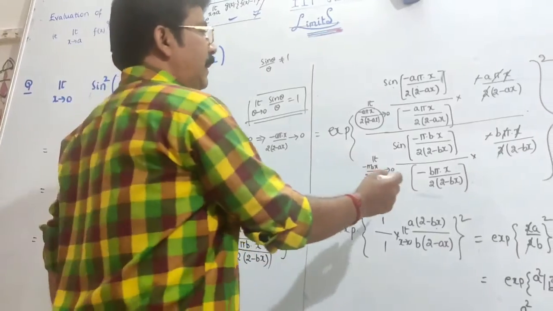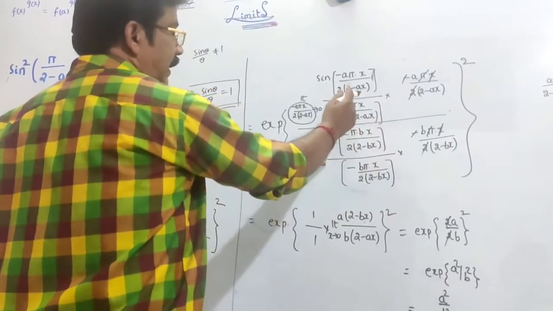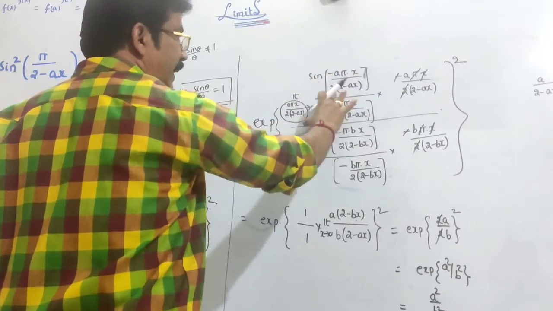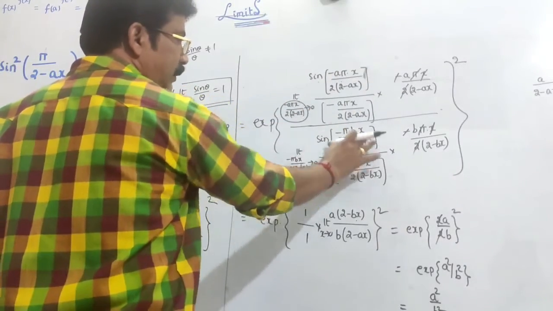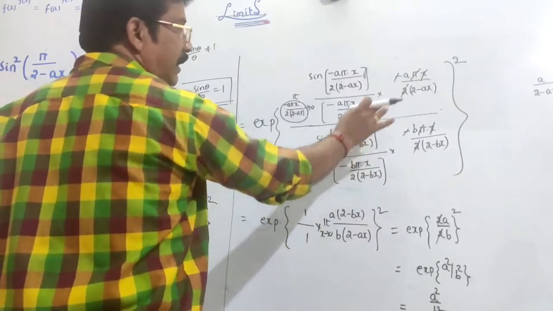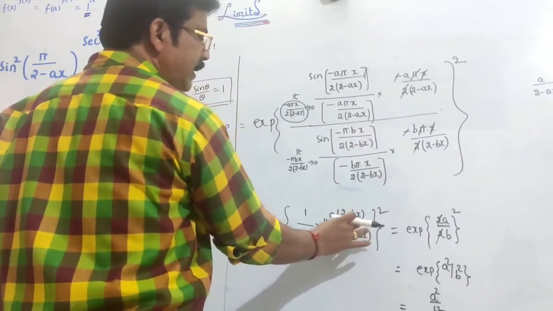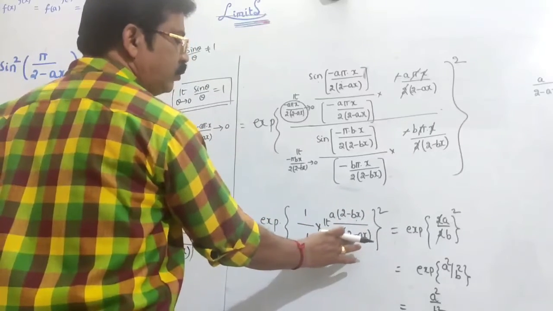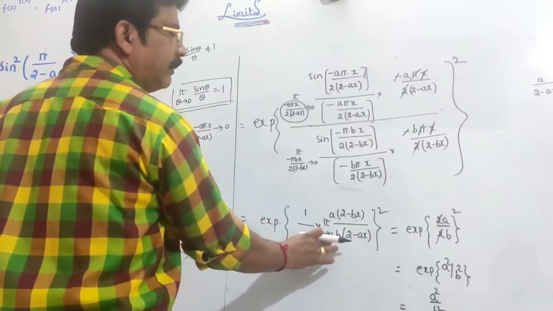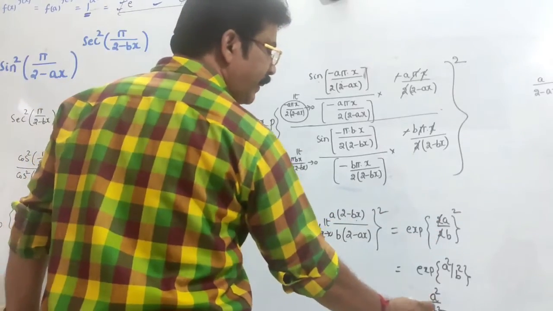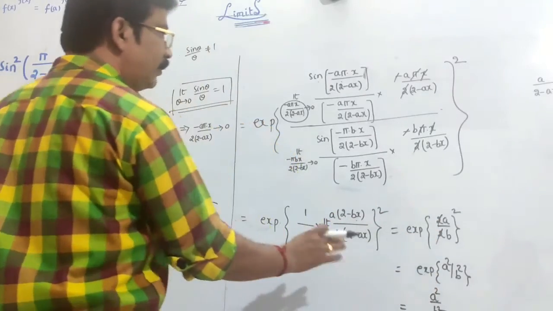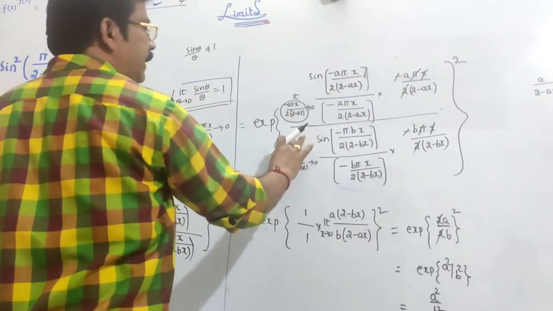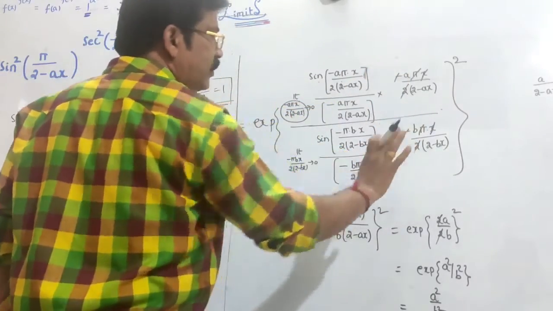Okay. Next, simplify like that. So simply we can write that total this value is equal to 1 and total this value is equal to 1. On simplification, we are getting this one, a into 2 minus bx divided by b into 2 minus ax. By putting x equal to 0, we are obtaining e power a square by b square. Actually, it is also x tends to 0 and limit x tends to 0.